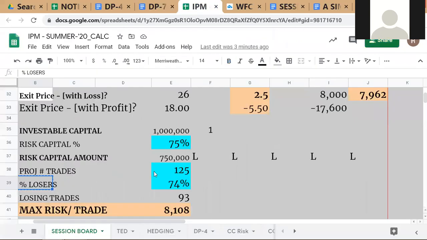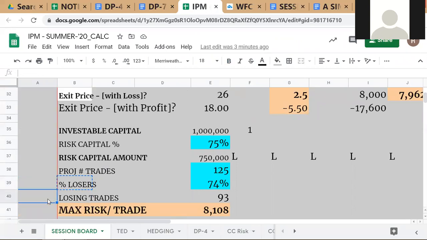Once you have projected number of trades and percentage losers, you have the number of losing trades. Okay. I should write this a little better. Projected number of trades and percentage losers. Okay. We will not write it as maximum number, we will write it as number of losing trades.